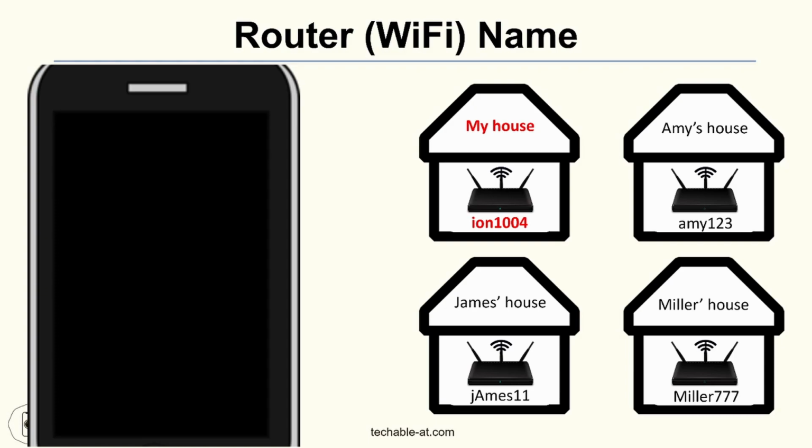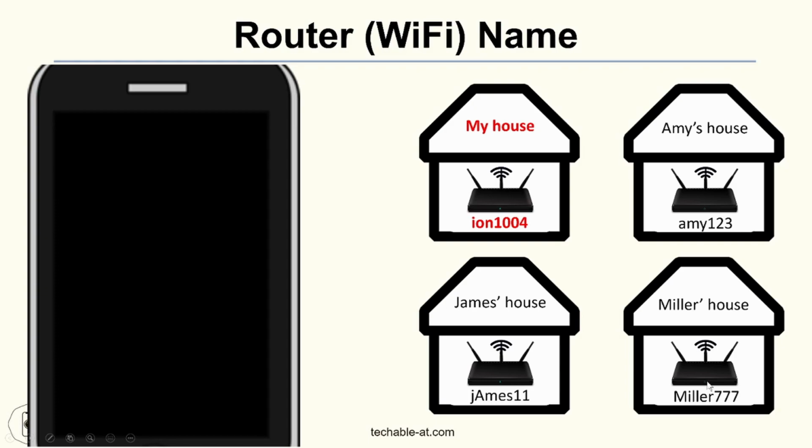For example, the router at our house is named Ion 1004, and the one next door is named Amy 123. And the other houses around your home named theirs James 11, Miller 777, and so on.